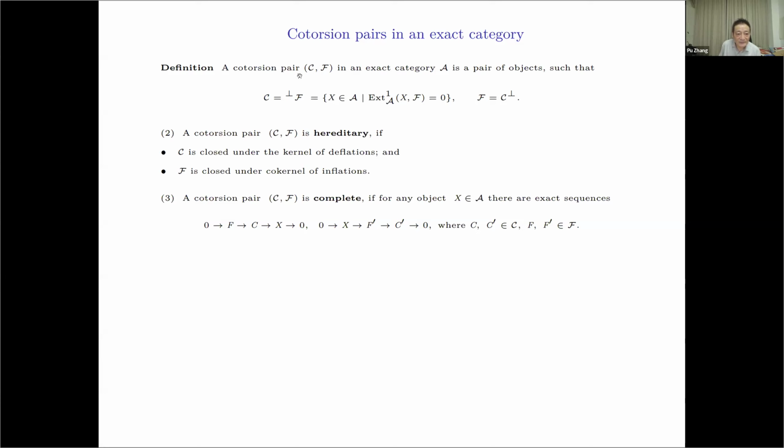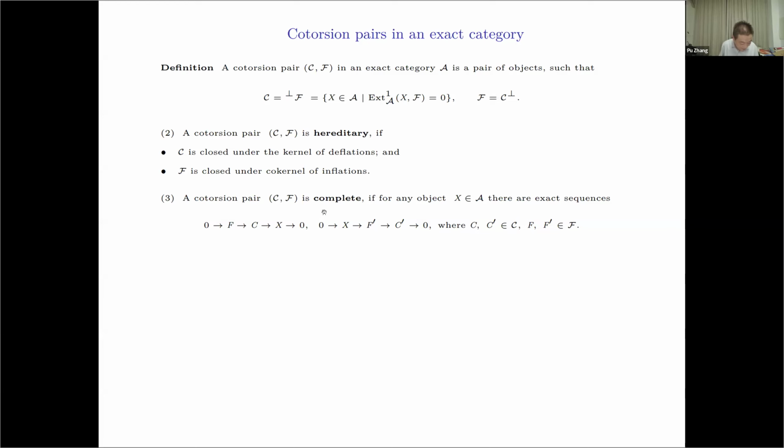A cotorsion pair in an exact category is a pair of classes such that C is the left perpendicular of F, where the perpendicular is with respect to Ext^1, and F is exactly the right perpendicular of C. Then a cotorsion pair is called hereditary if C is closed under kernels of deflations and F is closed under cokernels of inflations.